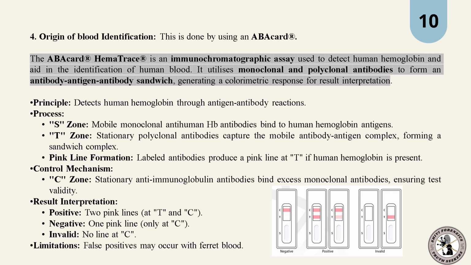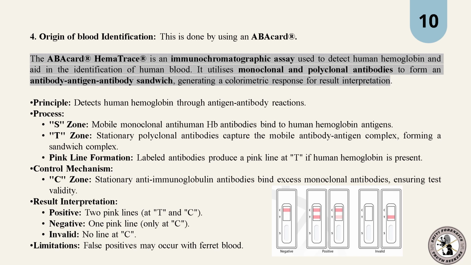Now this is used to detect human hemoglobin specifically, and it utilizes monoclonal and polyclonal antibodies. So what happens is we have WBC and they produce B cells. Now these B cells produce antibodies. When these B cells produce antibodies, they produce two types, monoclonal and polyclonal.